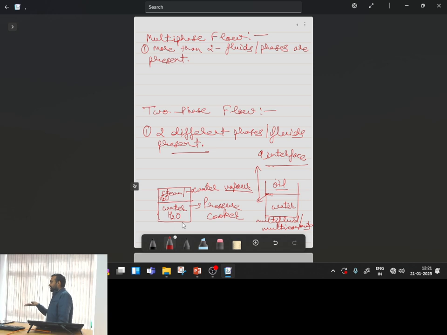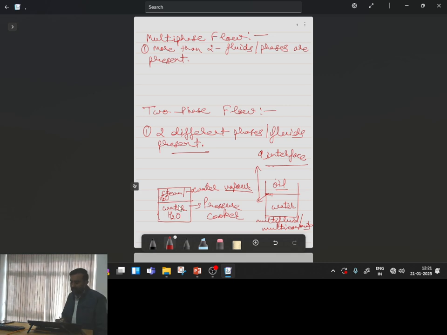Ultimately steam molecules will stay at the top and liquid molecules at the bottom, and in between we have an interfacial boundary.